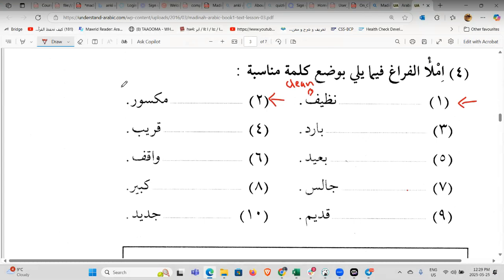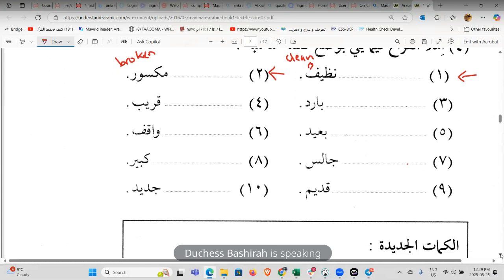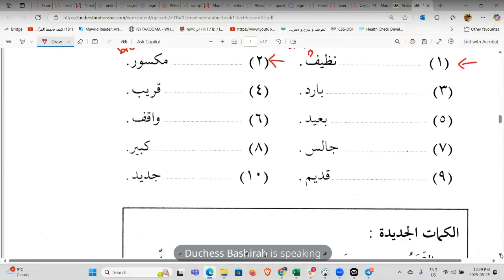Maksur means broken. So what would you say is clean and what would you say is broken? You need to put a word before. Just to help you, qittun. Al-qittu, the cat.